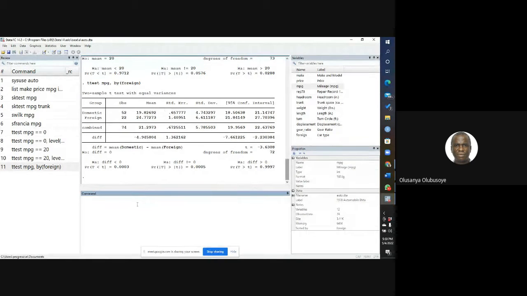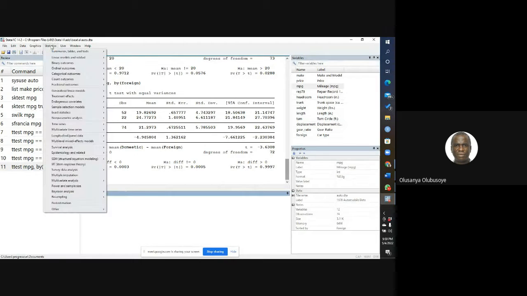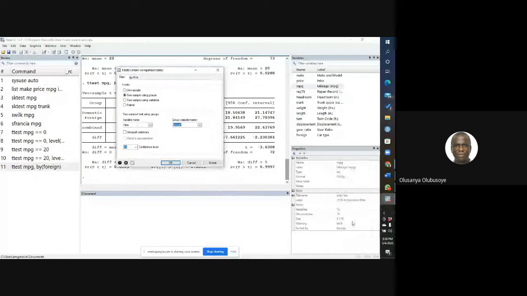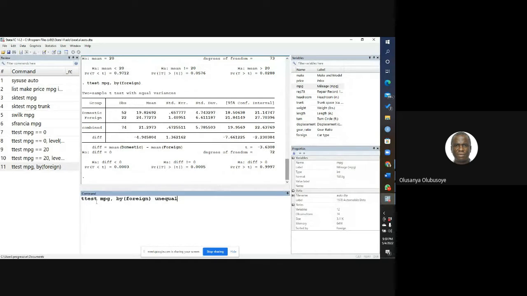So if you put the option not equal, then it will give you a more precise test. So if you go to statistics, you can simply check this particular option on unequal variances.